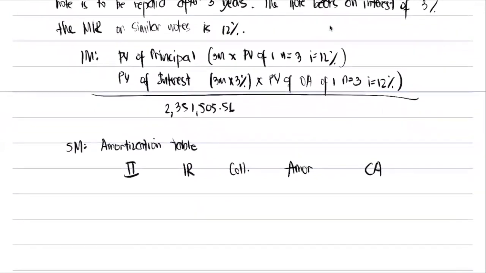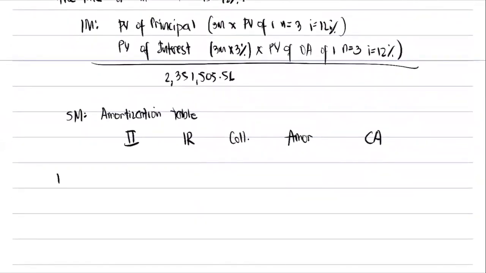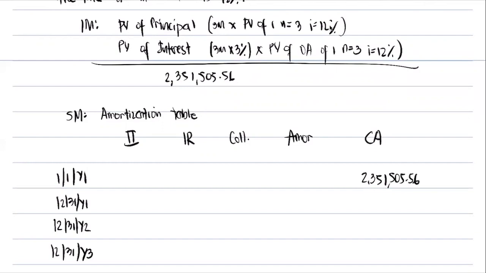So we have here January 1, year 1, December 31, year 1, December 31, year 2, and December 31, year 3. Our carrying amount on January 1, year 1 is 3,051,505.56.